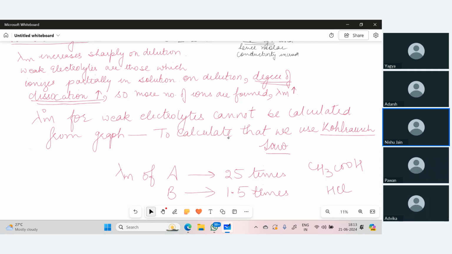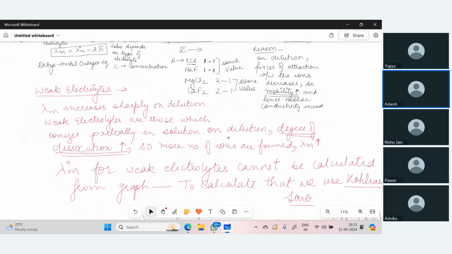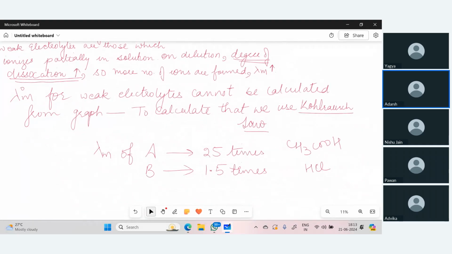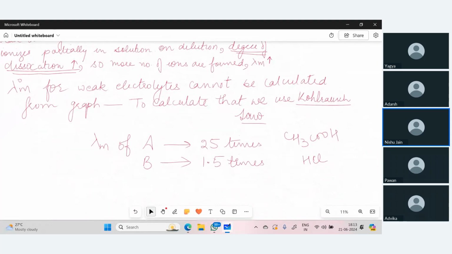So in this graph, in which case does lambda m increase to a larger extent, strong or weak? Sorry, in the case of weak electrolytes it increases to a larger extent. In the case of strong electrolytes it increases to a lesser extent.